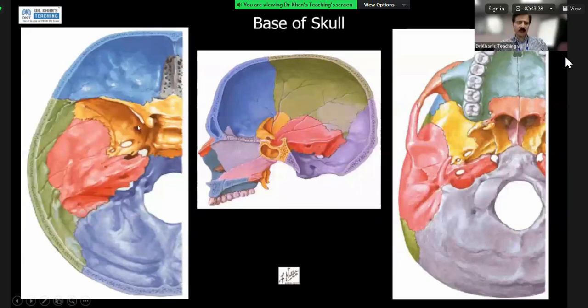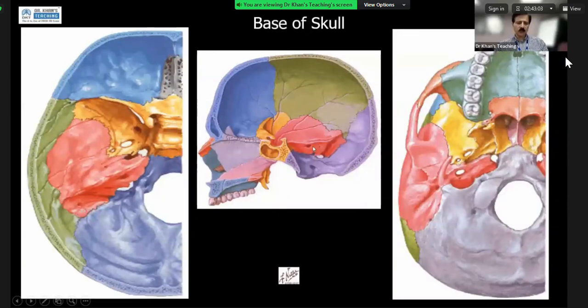This is the middle cranial fossa, and the lesser wing is medial, and it also produces the anterior wall of the middle cranial fossa. This thing here is the greater wing of sphenoid. So this is the basisphenoid, this is the lesser wing, and this is the greater wing of sphenoid.